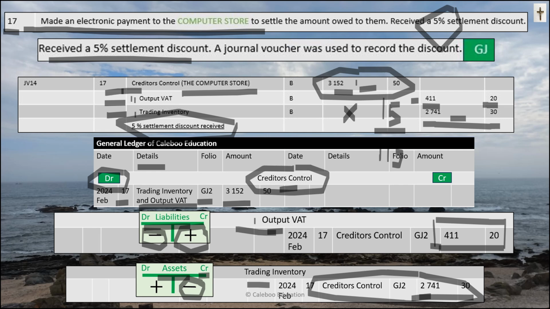It's to cancel the input VAT that was on the original transaction where we made a credit purchase, because the amount that is owed to the computer store and what we paid for stock is actually less after this settlement discount has been received.